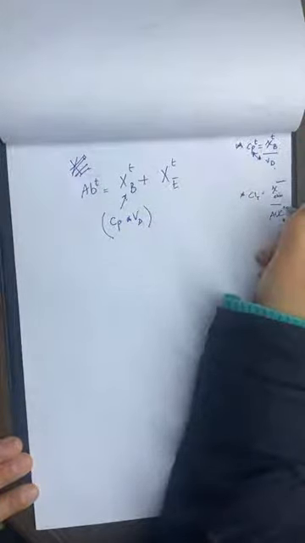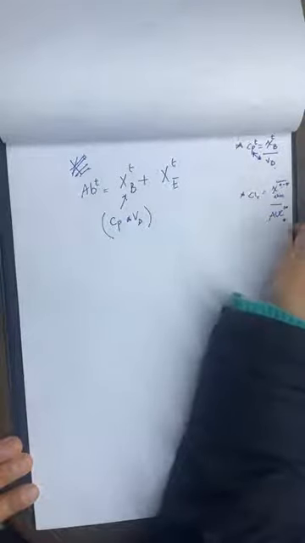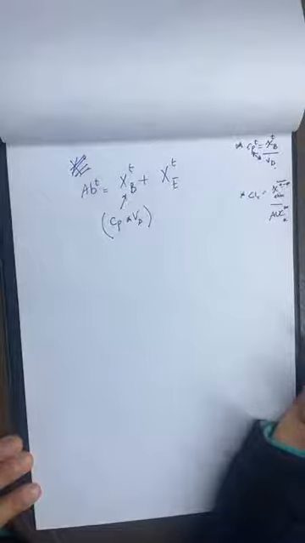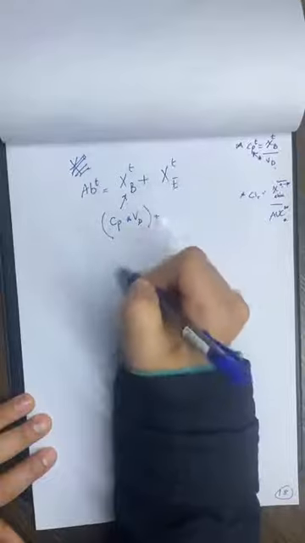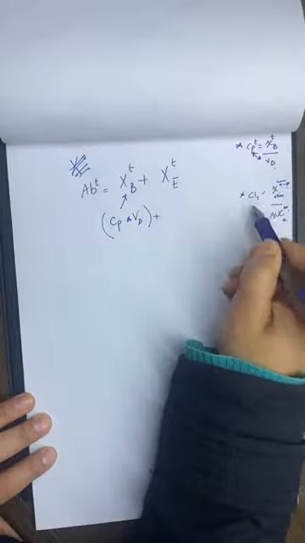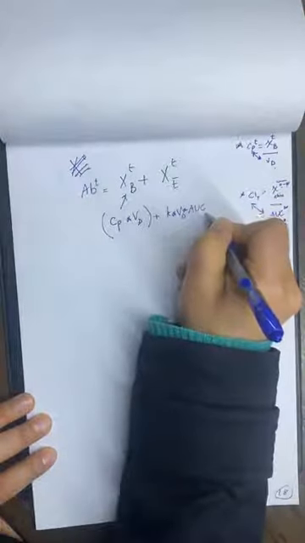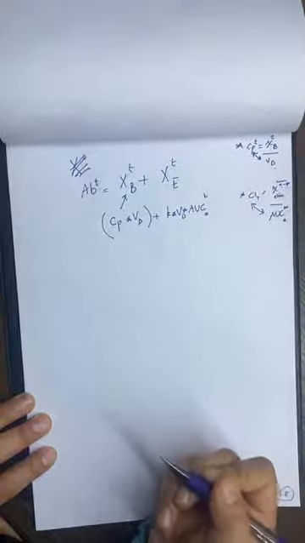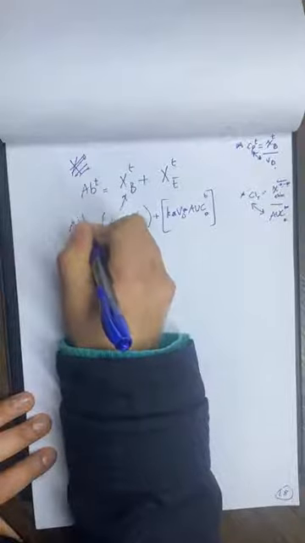So if it's 0 to infinity, then this will be 0 to infinity, and 0 to a certain time will be 0 to a certain time, right? So the amount eliminated until a certain time will be equal to the total clearance, which is K times VD, multiplied by the area under the curve from 0 until that certain time, right? So this will be the amount absorbed at a certain time. Again, back to here.